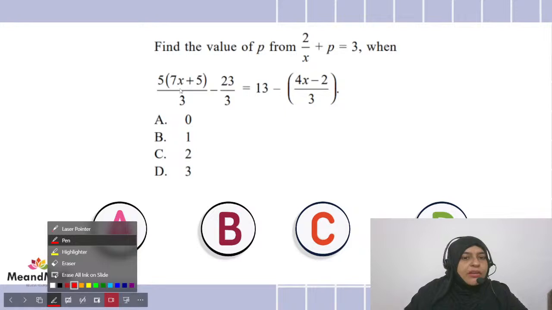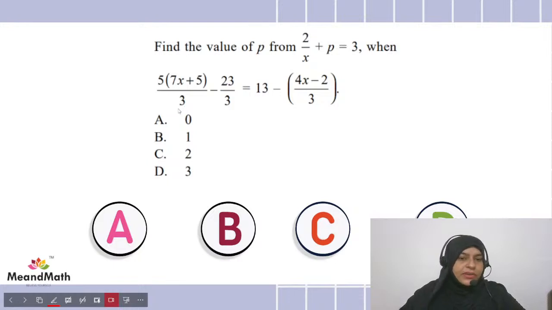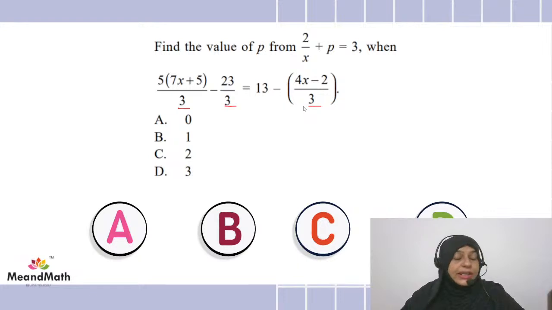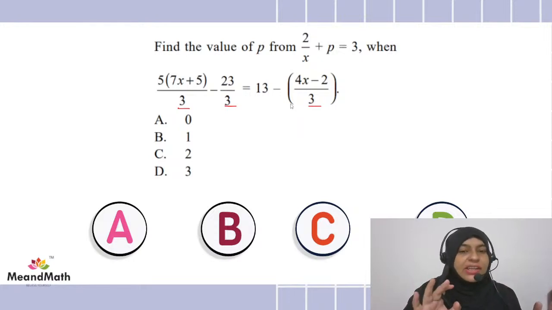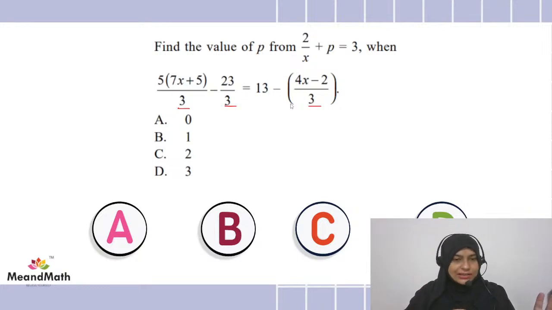Here, 5 times 7x plus 5 divided by 3. You can see there is a 3, there is a 3, there is a 3 and there is a 3. We need to take the LCM and that will also come out to be 3. Right? So we can take all the terms which have 3 as the denominator on one side so that it becomes simple. Correct? So let's take it.